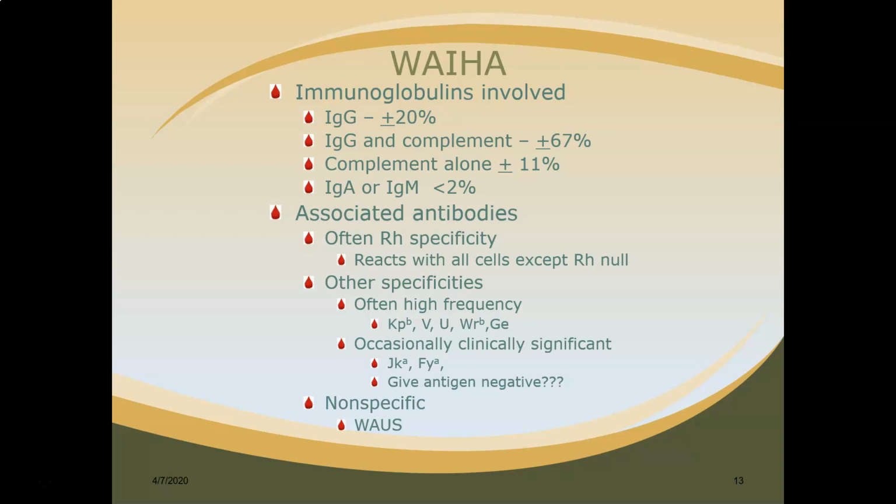anti-Duffy A. In my personal experience, where I have worked, we have always given antigen negative blood. So even though the patient's JKA positive, if we see a JKA specificity to their autoantibody, we will give them JKA negative blood.